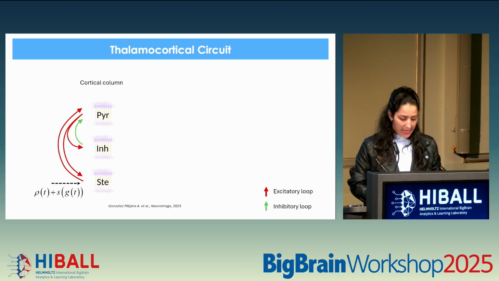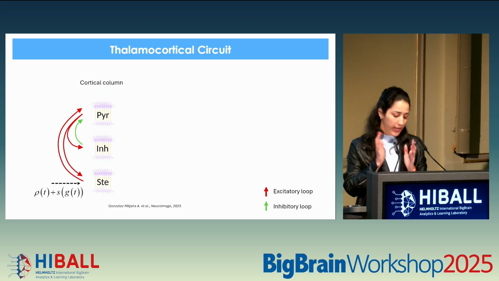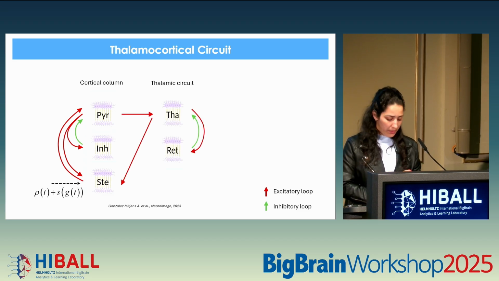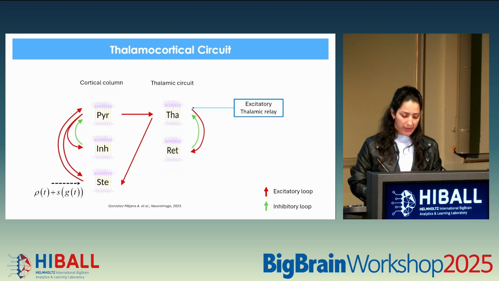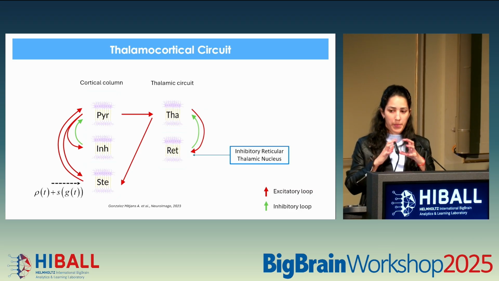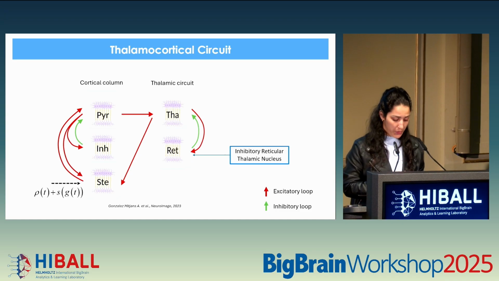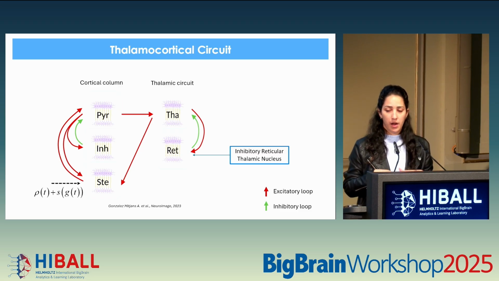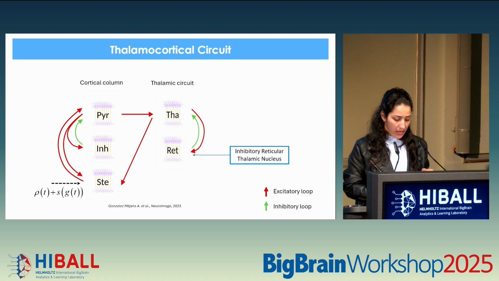Basically, we keep a cortical unit, and we include a thalamic circuit, which contains an excitatory thalamic relay and an inhibitory thalamic nucleus. This will be our new unit, and we simulate thousands of these entire units to be able to simulate some epileptic or seizure-like activities.